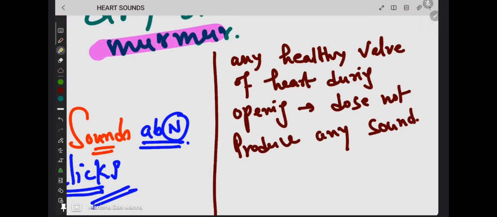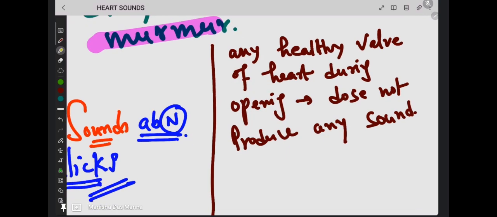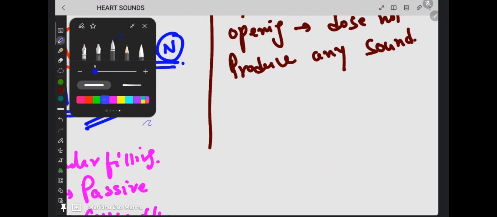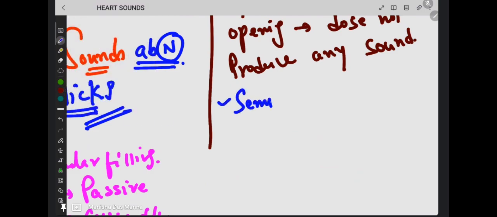Then during closure, if the semilunar valve closes, semilunar valve means aortic valve and pulmonary valve.